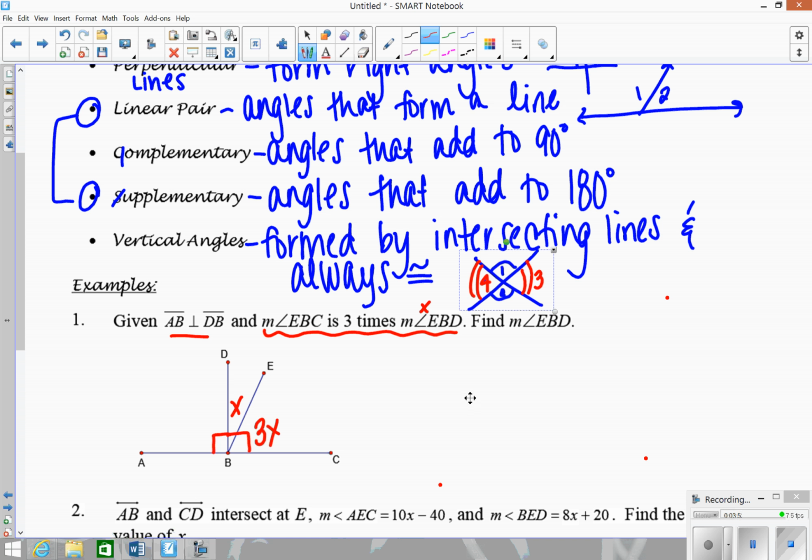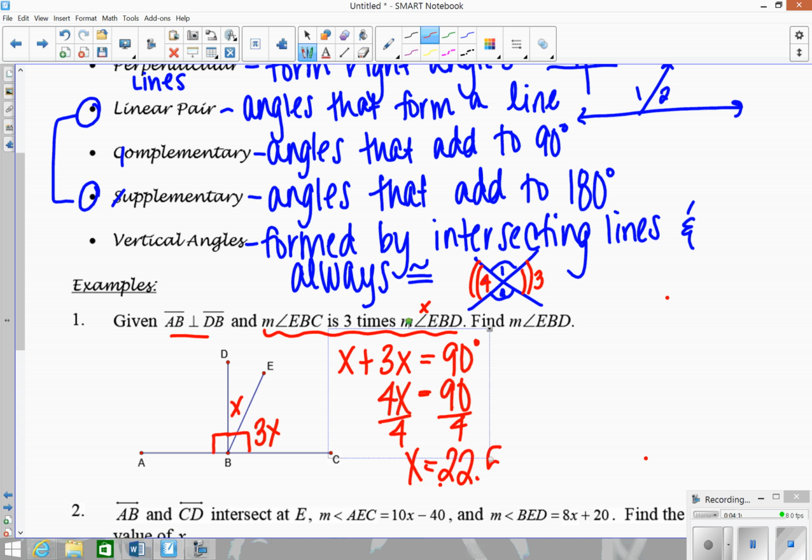So we have to think of what relationship we know about these two angles. The relationship is that they have to add up to 90 degrees because they form a right angle. So I can add the two, set them equal to 90, and then solve for X. Combine like terms, divide everything by 4, so we get X equals 22.5.